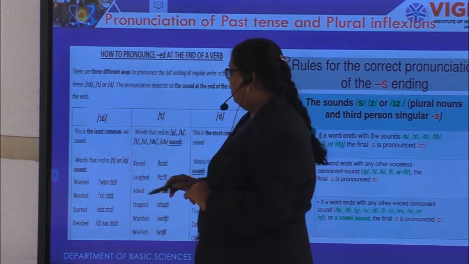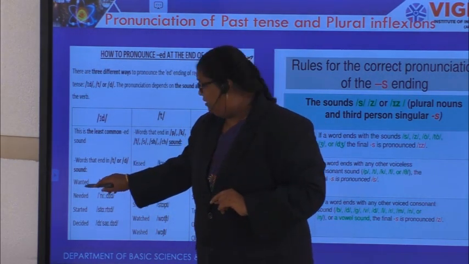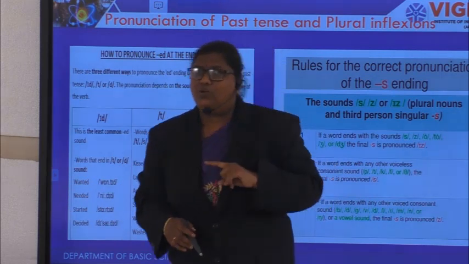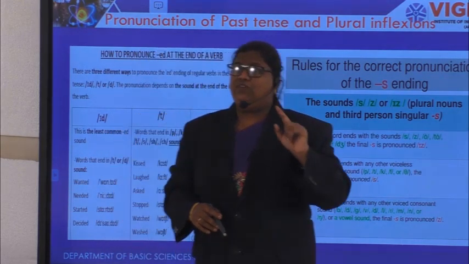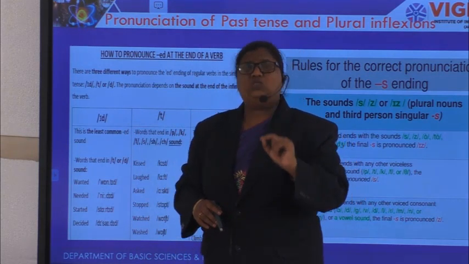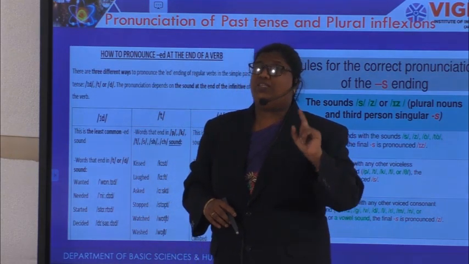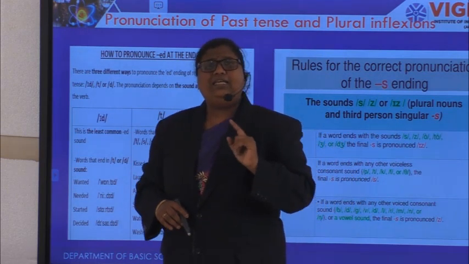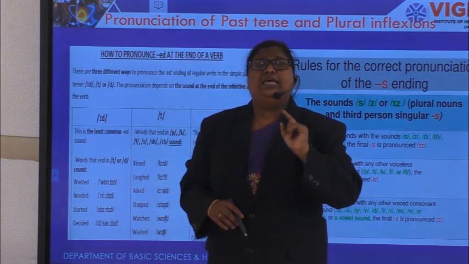For example, want. Here the last sound is t. So as per the rule, if any verb ends with a t sound or d sound, then that ed you have to pronounce as id.